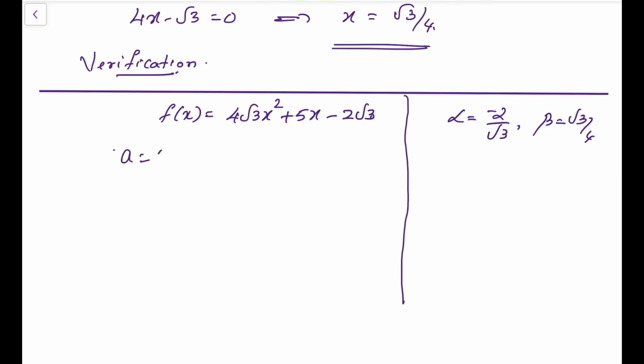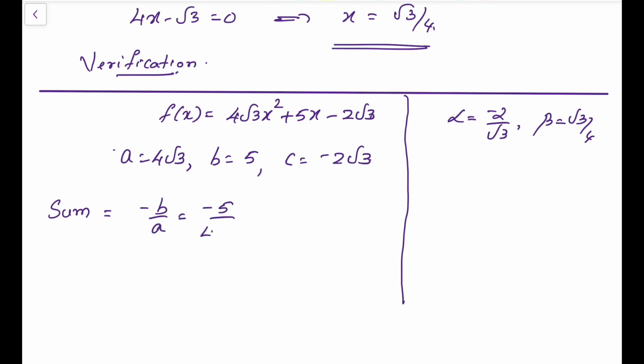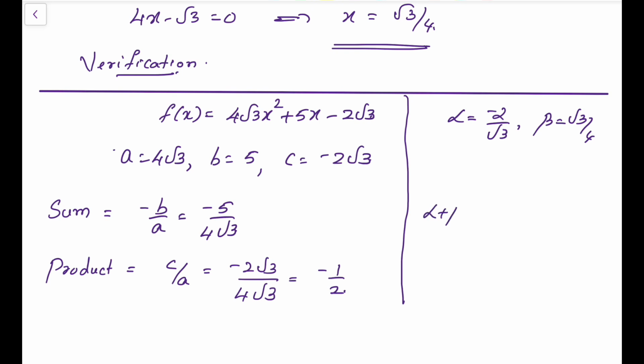Now a equal to 4 root 3, b equal to 5 and c equal to minus 2 root 3. Now sum of the zeros is minus b by a. So minus 5 by 4 root 3 and product equal to c by a, that is minus 2 root 3 divided by 4 root 3. Root 3 will get cancelled and it is minus 1 by 2.